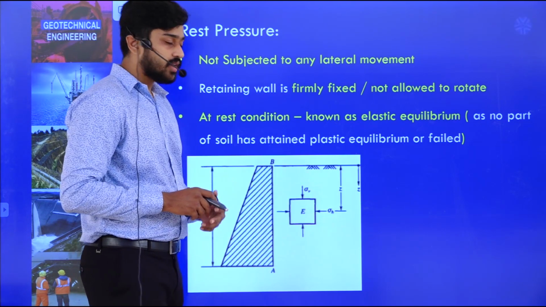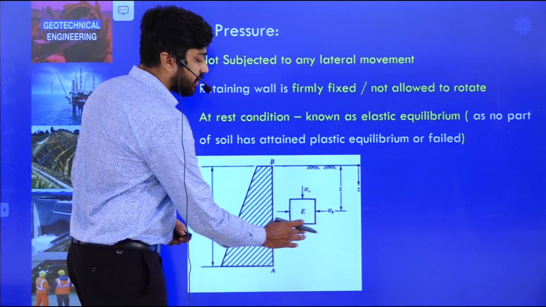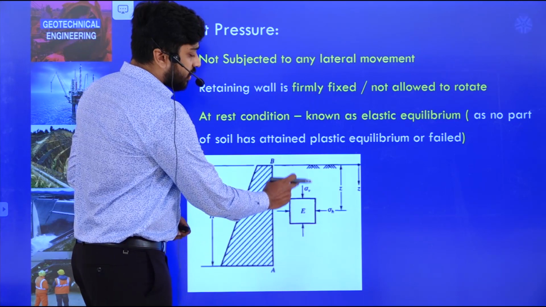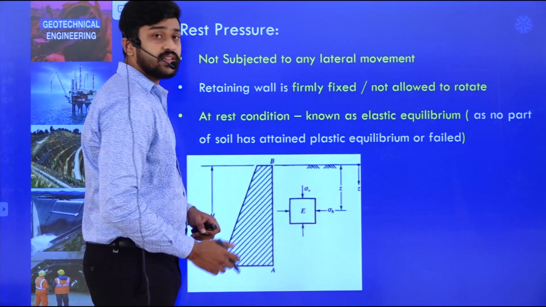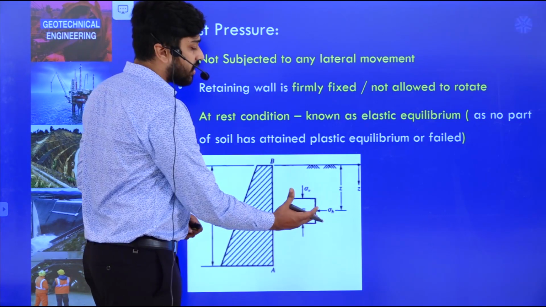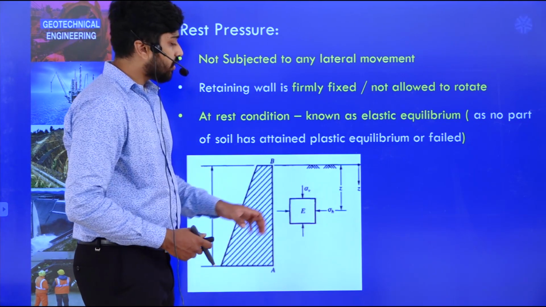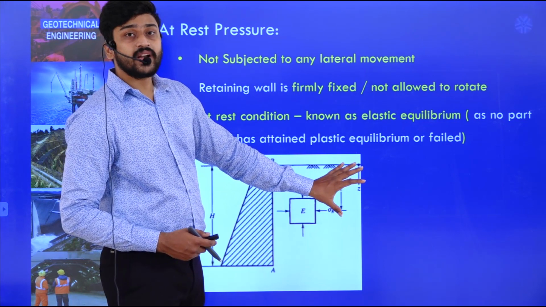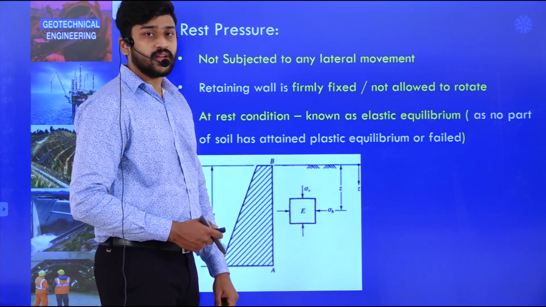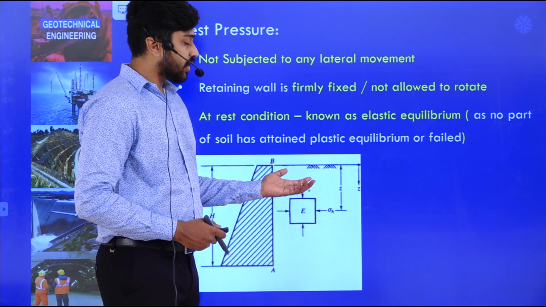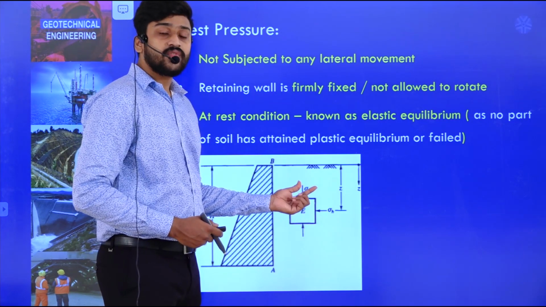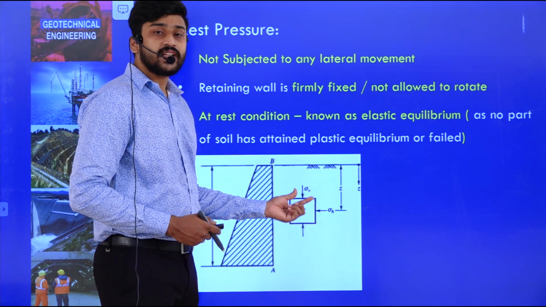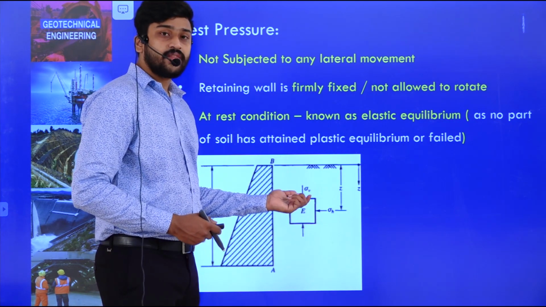If you look at this particular diagram, this is a retaining wall and there is soil here. If you consider a soil element, in general we denote the vertical stress as sigma v and the horizontal stress as sigma h, that is nothing but our lateral stress. If you consider an element at a depth z and want to evaluate the vertical stress, we know that gamma times z is sigma v.